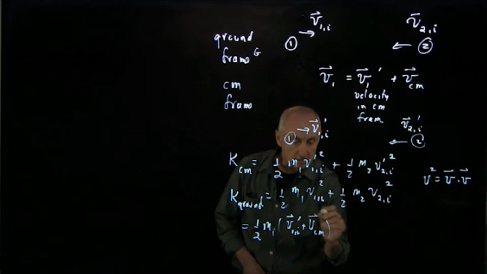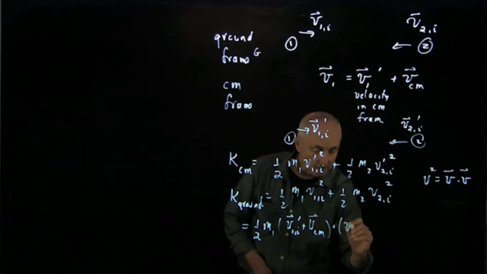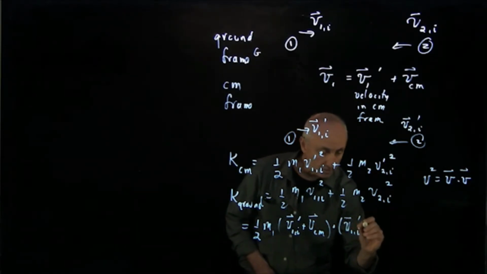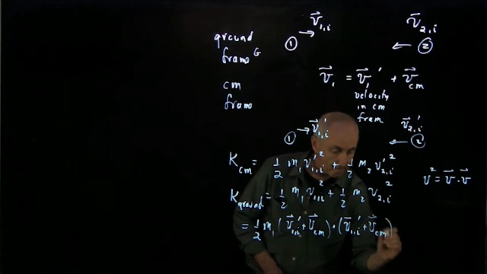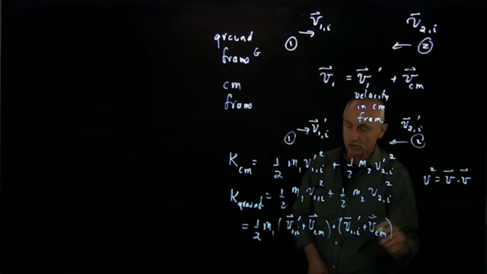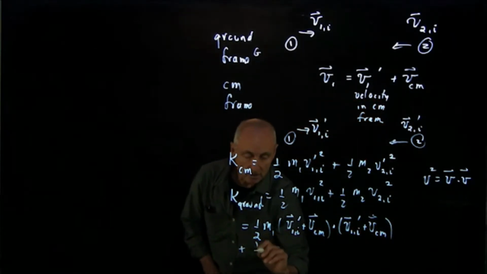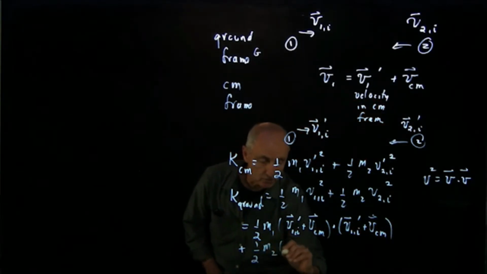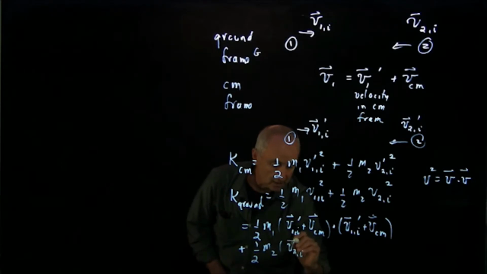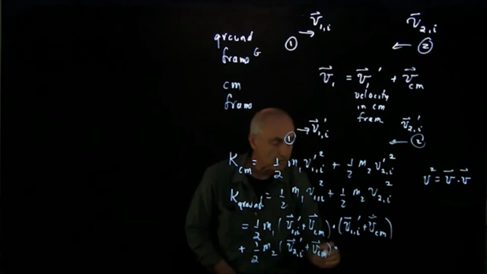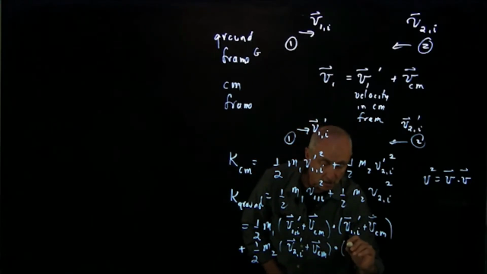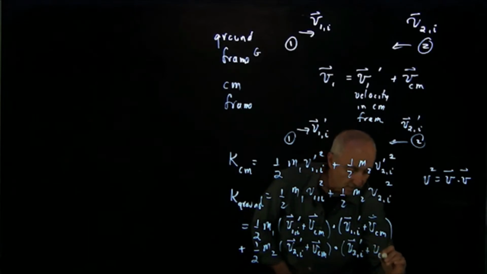So I'm going to dot this with itself, v1 initial prime plus v center of mass. And I have the second term, which looks identical to this first term: 1/2 m2 times v2 initial prime plus vcm, dotted with v2 initial prime plus vcm.